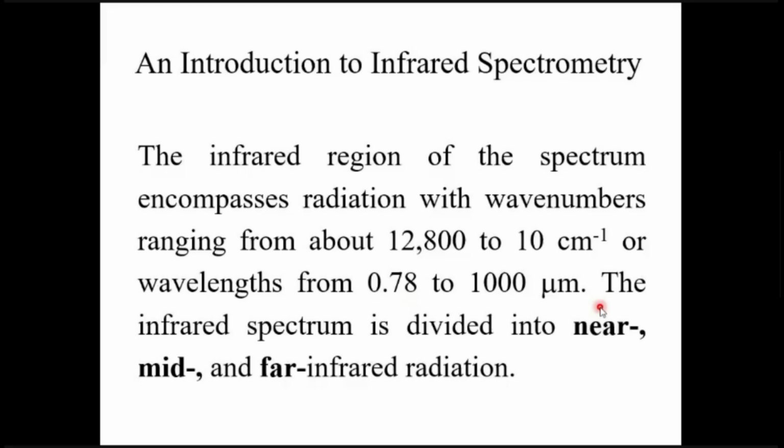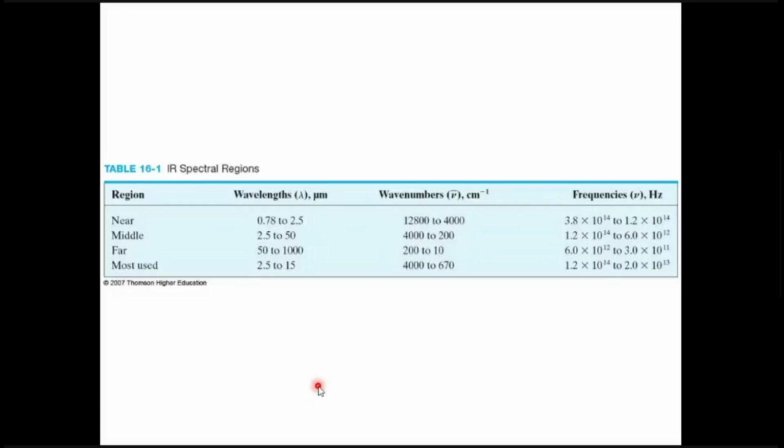The infrared spectrum is divided into three parts: near infrared, mid infrared, and far infrared radiation regions. Depending on these three ranges, near infrared is between wavelength of 0.78 micrometer to 2.5 micrometer.